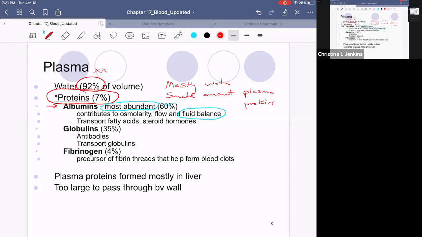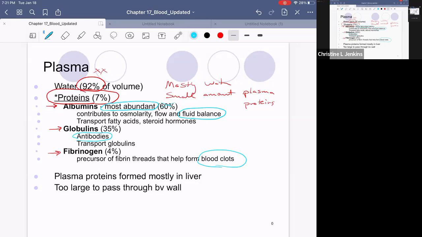We have some plasma proteins called globulins. They play a role with our immune system, antibodies. And there are some plasma proteins called fibrinogen, and they play a role in blood clotting. They're going to help us form fibrin, which is the main component of our blood clot.